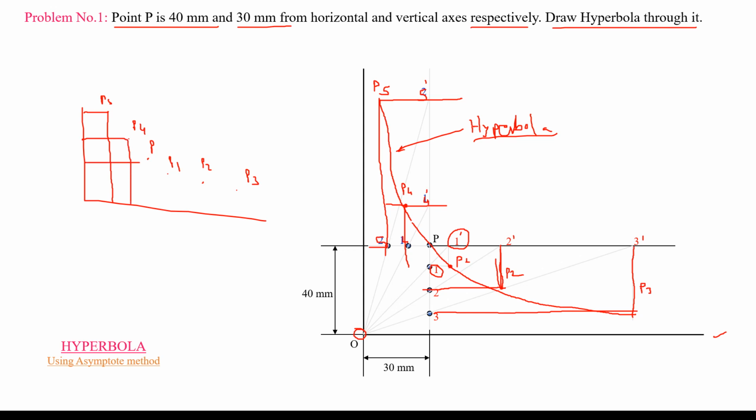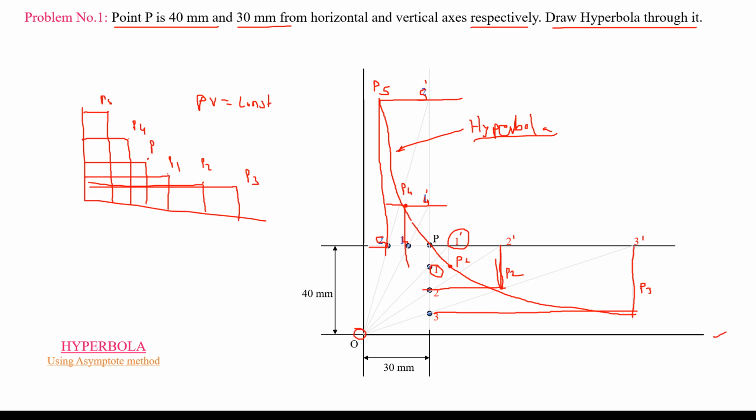Similarly, it will be equal to this area, and this will be equal to this area, and likewise. That is why it is called a rectangular hyperbola, and this is applicable to your Boyle's law as well. PV is equal to constant.